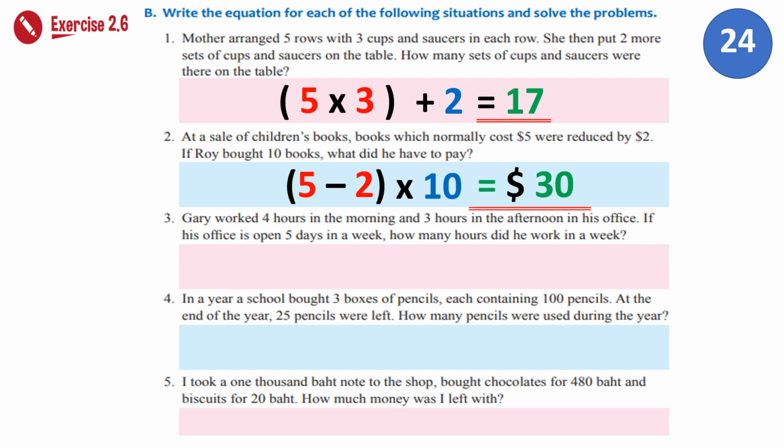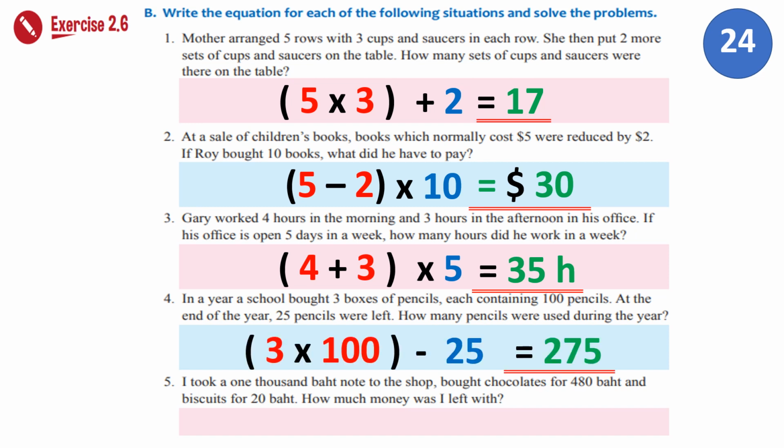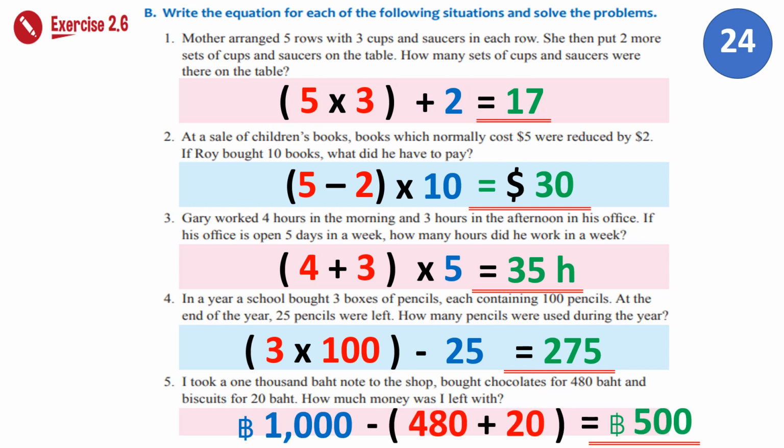This is your answer for number 2. And for number 3, this is your answer for number 3. Then number 4, this is your answer for number 4. And then the last is number 5. This is your answer for number 5. Please check your answers, students. Very good.